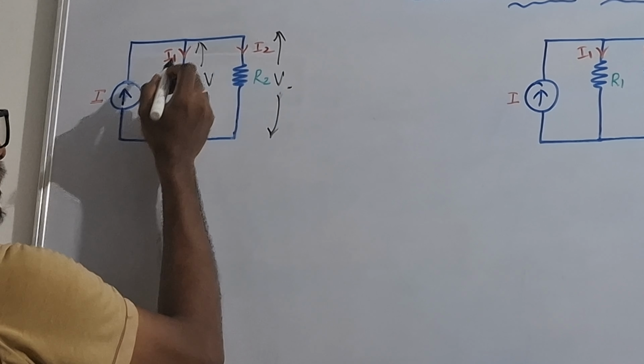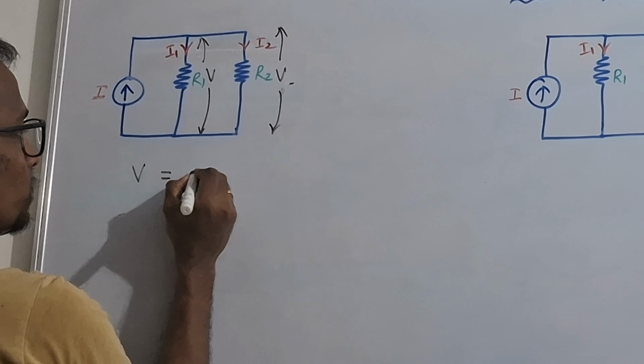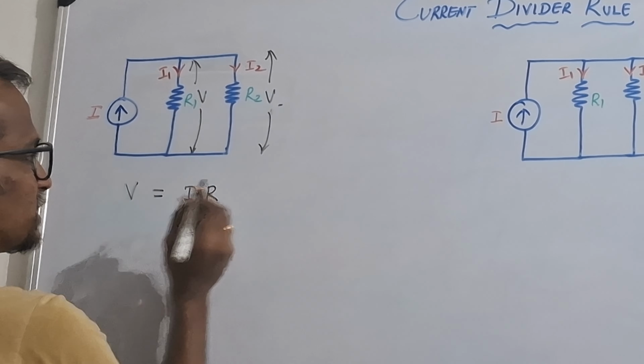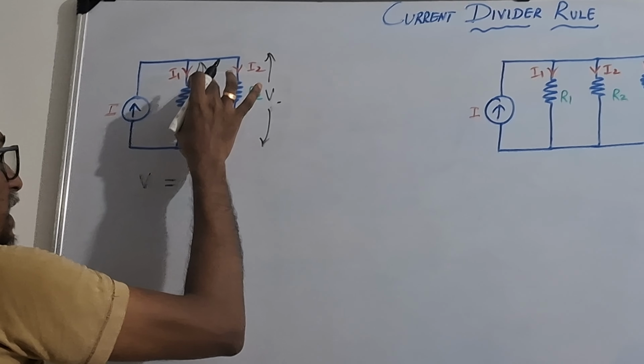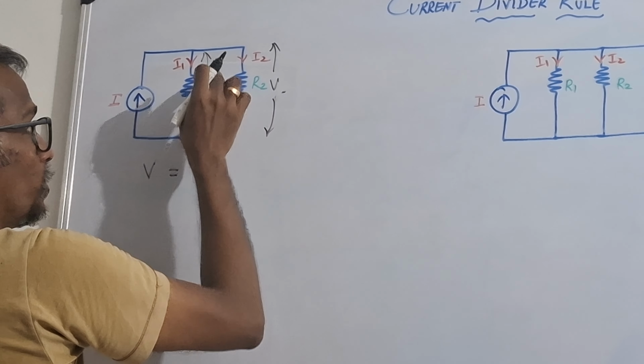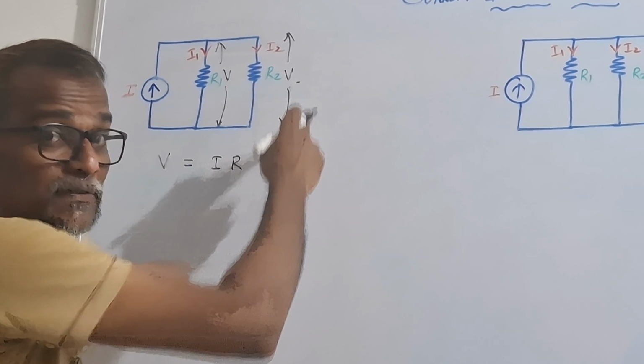We know that the supply voltage is equal to current into the particular resistance, as per Ohm's law. In this case the voltage is the same, here also V and this voltage is also V.